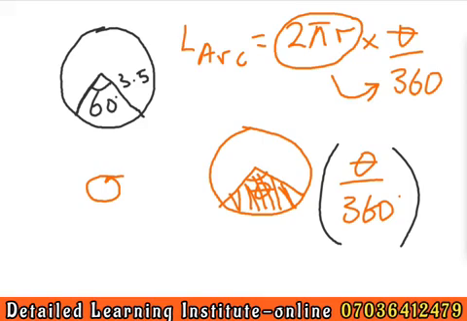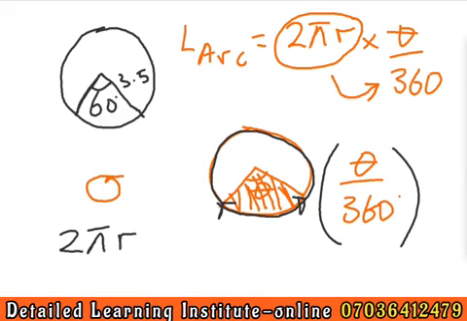Now the circumference that the sector actually captures among the full circumference of the circle. This is the full circumference of the circle, like this. Now the sector we are talking about is this one. This is just the portion. The full length is 2 pi r. That's the full length of the full circle.